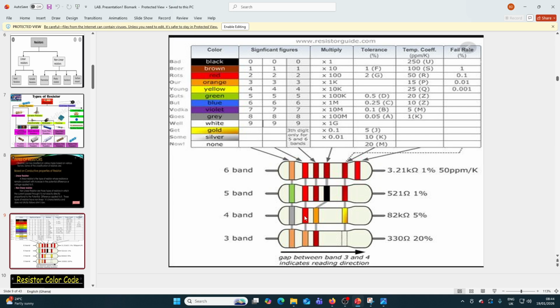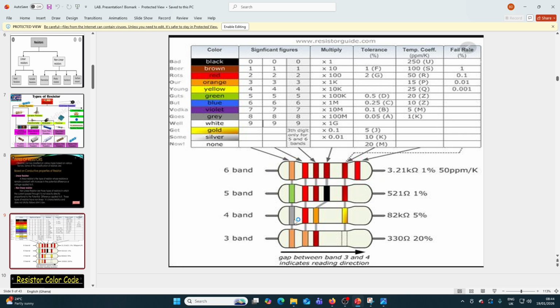Then because it's a 4-band resistor, your third color is your multiplier. So these are your significant figures, then your third is your multiplier. So for your multiplier, don't come here, you come to this section to look for your multiplier.